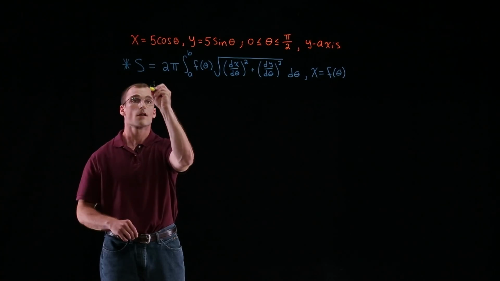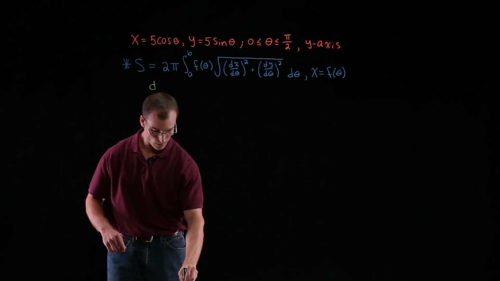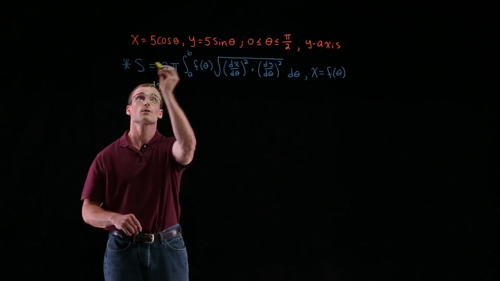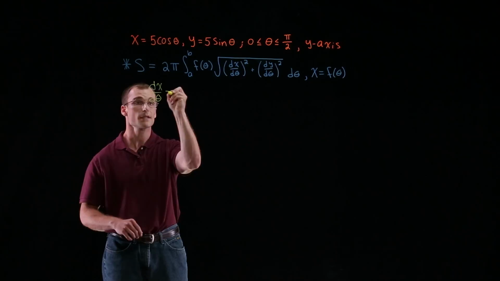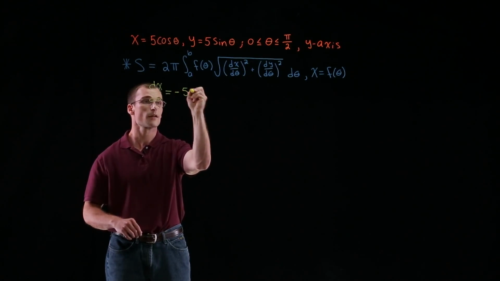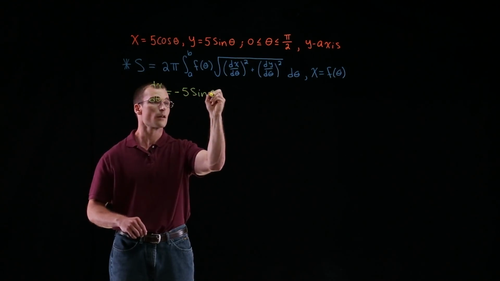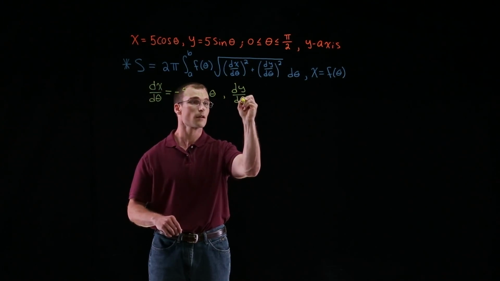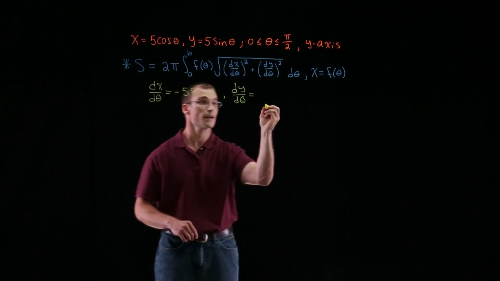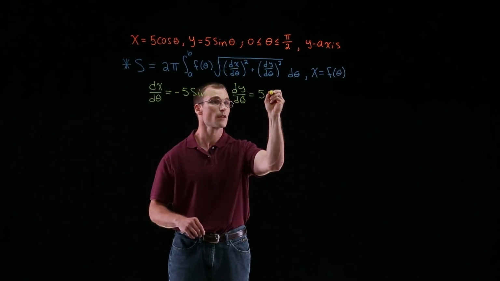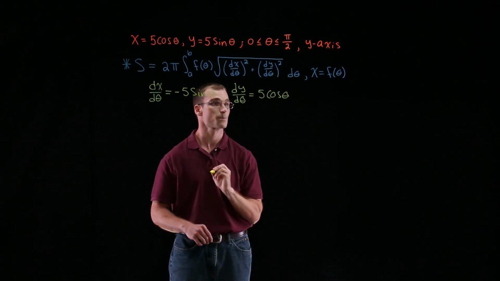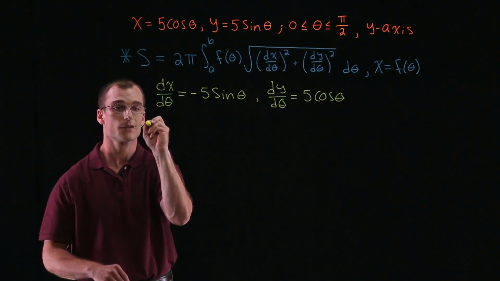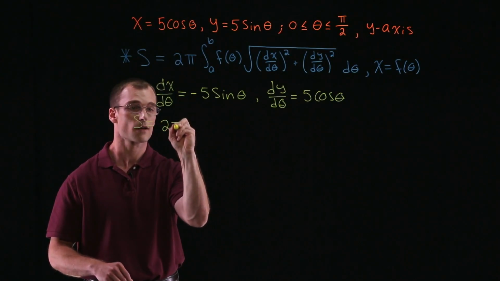So our dx d theta, where x is equal to 5 cosine theta, the derivative of x with respect to theta, is going to be negative 5 sine theta, and our dy d theta, where y is 5 sine theta, is going to be equal to positive 5 cosine theta.